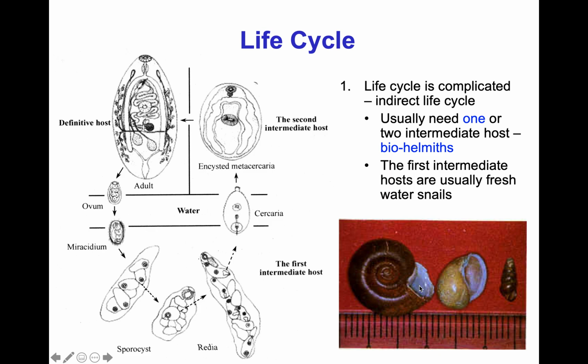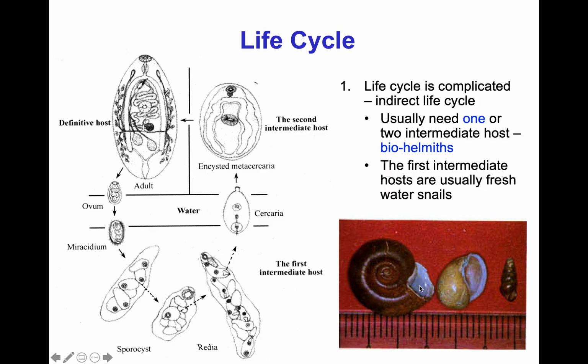In the water, the larval stages look different and have different names, for example the miracidium, the sporocyst, and redia. These stages happen in the first intermediate host.